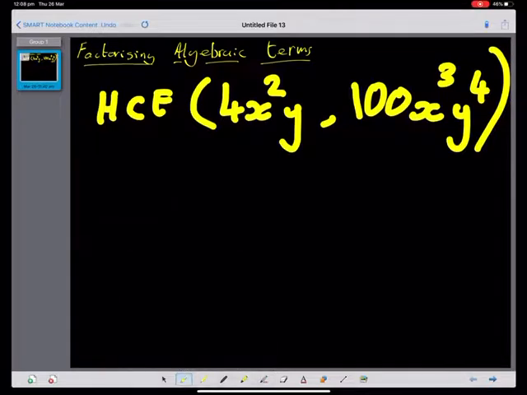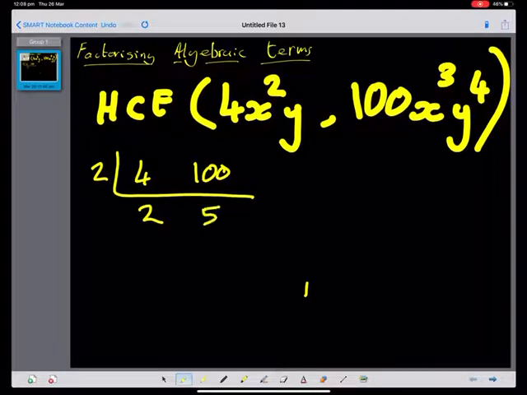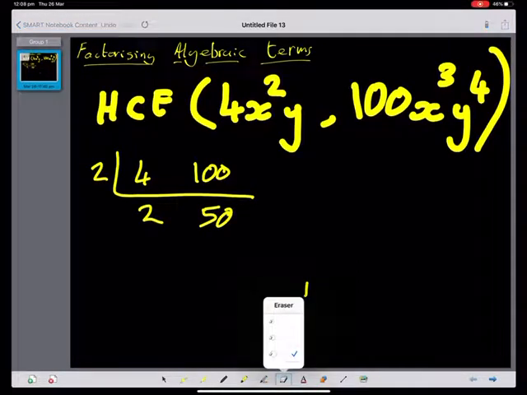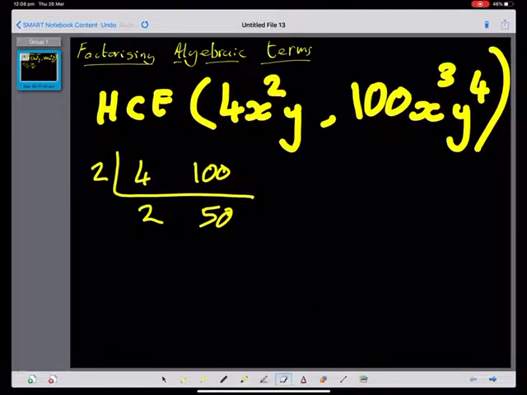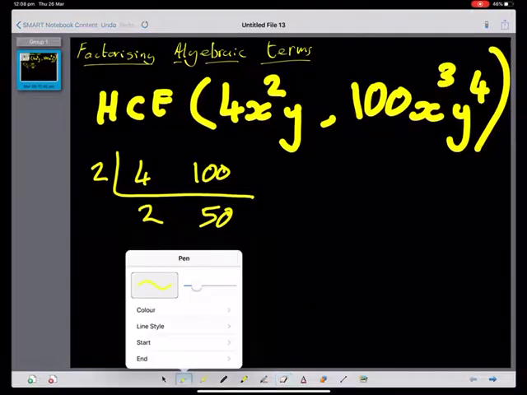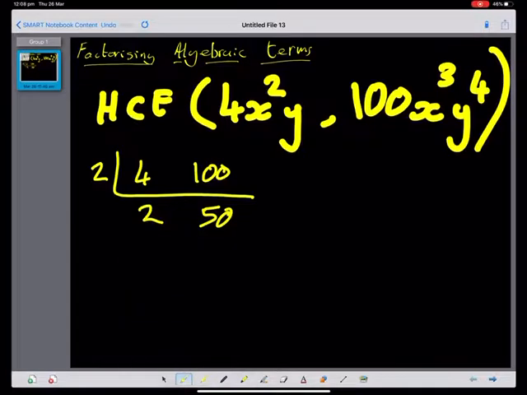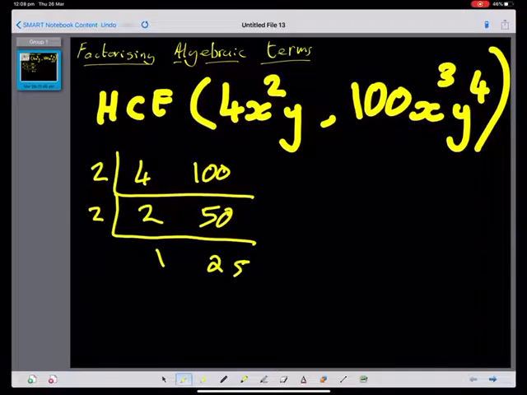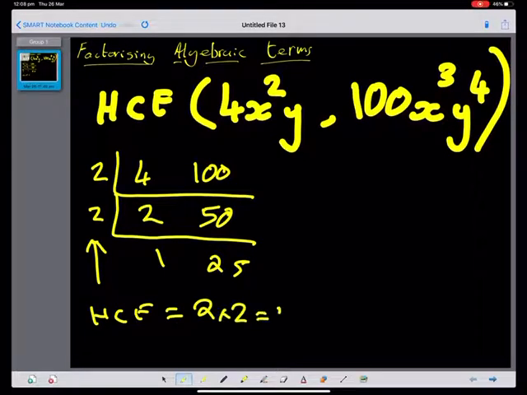Okay, so hopefully you've done that. Now let's have a go at finding the highest common factor of the numbers. Okay, start off with 2, we get 2 and 50. Divide by 2 again to get 1 and 25. So the highest common factor is there, which is 2 times 2, which is 4.